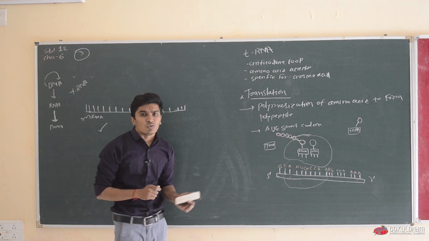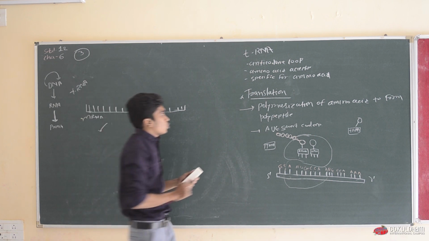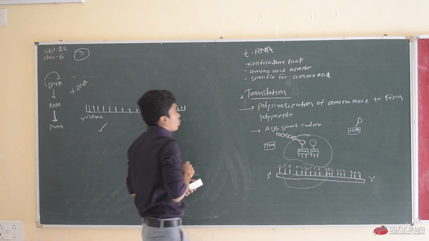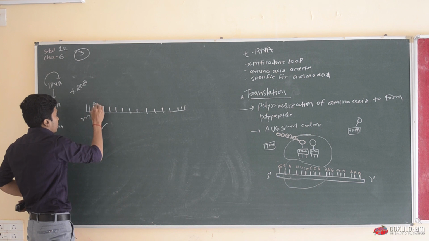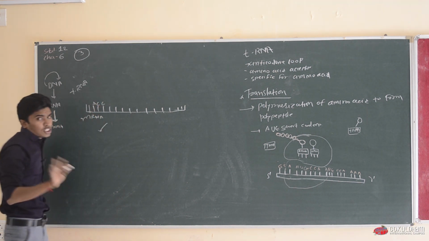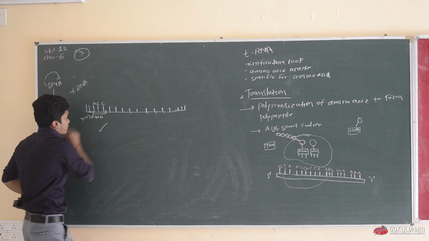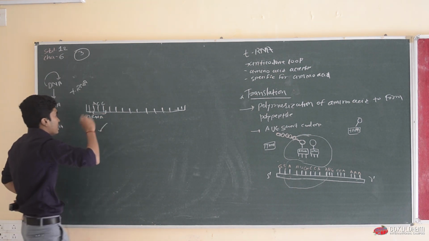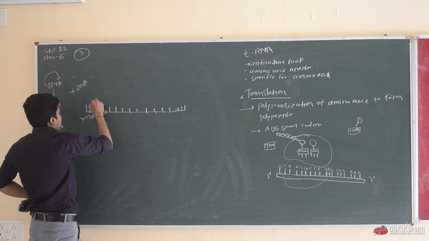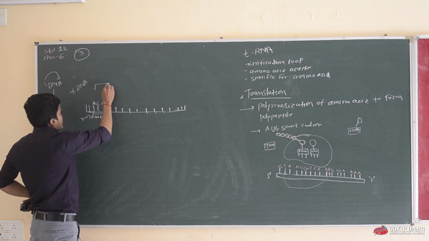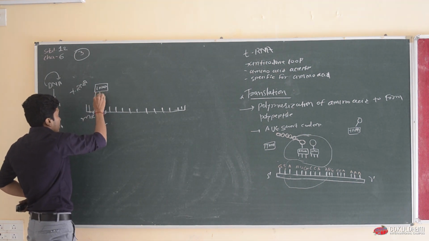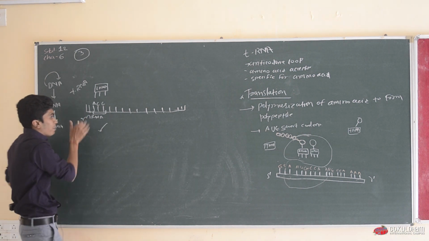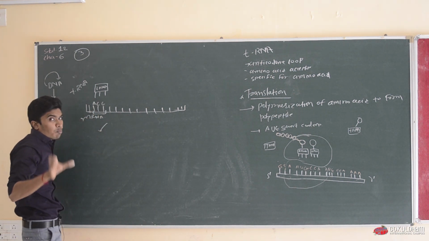Why is this tRNA known as the adapter molecule? Because it has an anti-codon loop. What is the meaning of anti-codon loop? For example, here A, C, G is a code, okay? So tRNA has two sides. The first one is the anti-codon side, which means it can bind with this codon of mRNA by complementary base pairing.